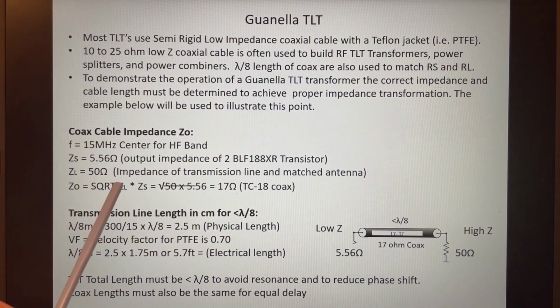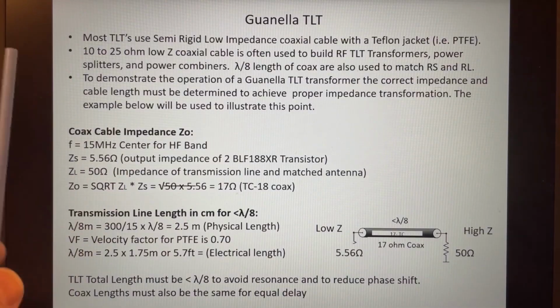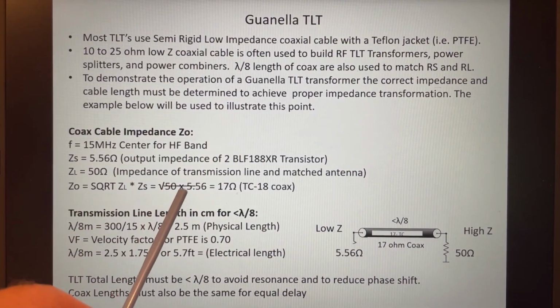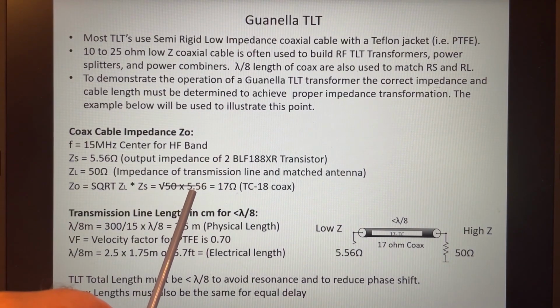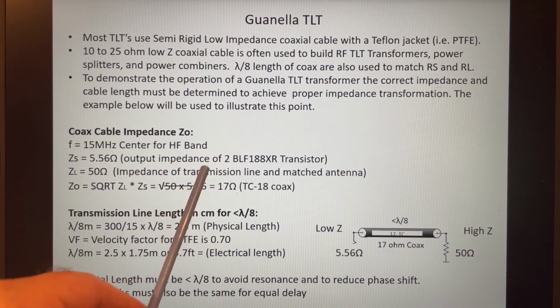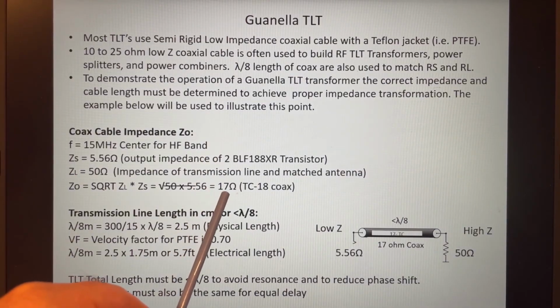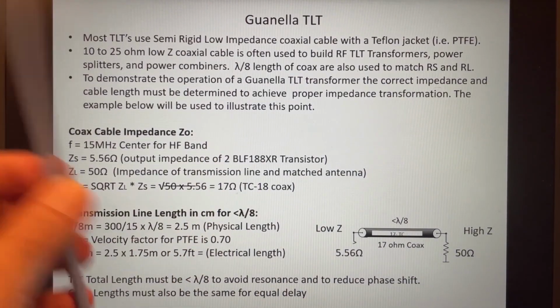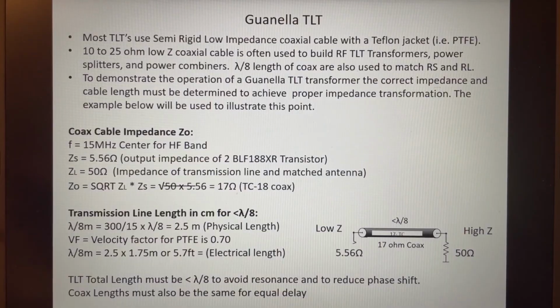So we take 50, which is the load impedance, times 5.56, which is our source impedance, and we take the square root and we round that off to 17 ohms, so that would be TC18 coax.